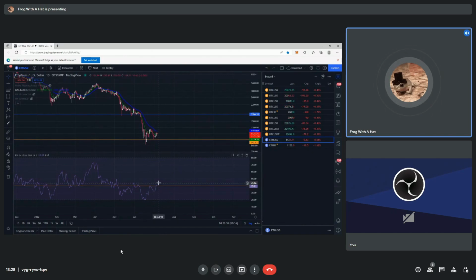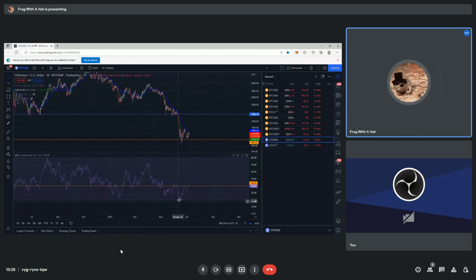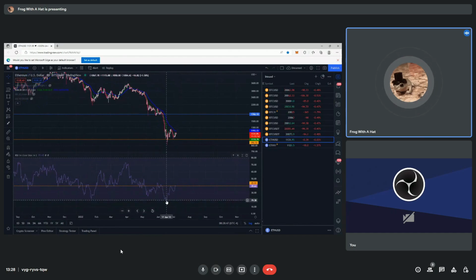As soon as you see RSI start to pull up over 40 and then start to go up, you get confirmation that okay, buyers are in, they're starting to buy.